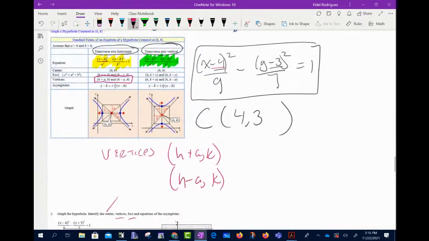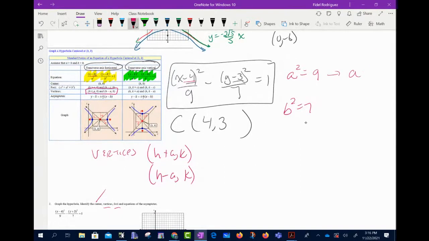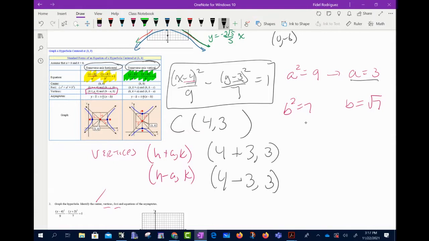Let's do a little stare and compare. Would y'all agree with me that a squared is equal to 9 and b squared is equal to 7? So that tells me that a is 3 and b is the square root of 7. Now we're going to find the vertices. It's h, which is 4, plus a, which is 3, and k, which is also 3, and then 4 minus a, which is 3, and k, which is also 3.